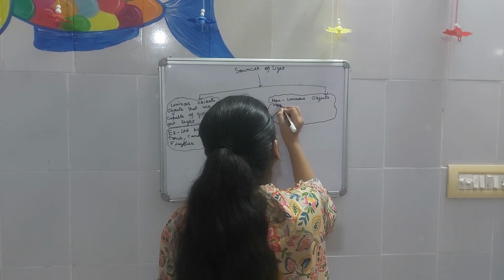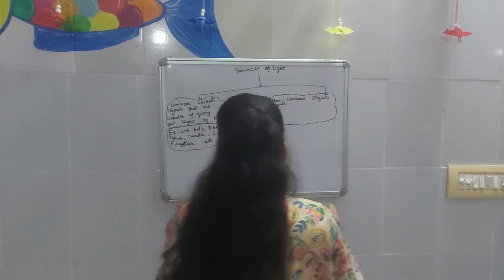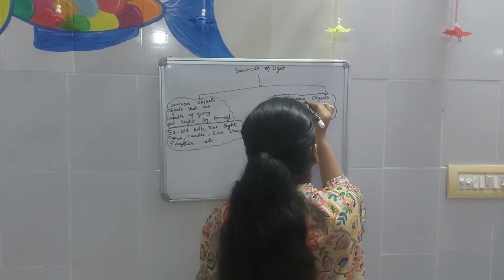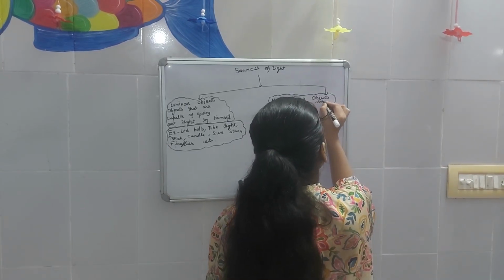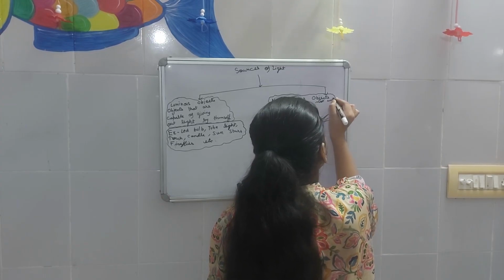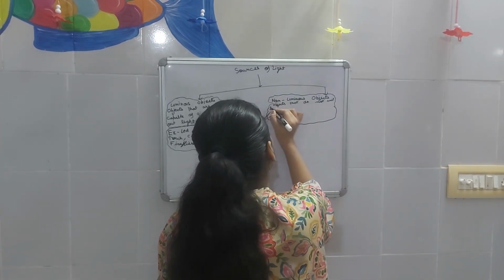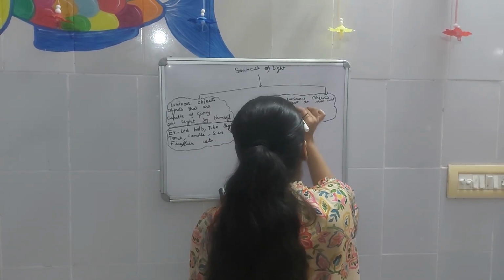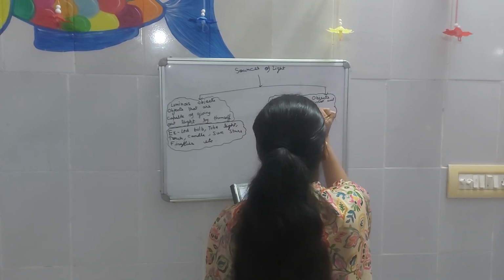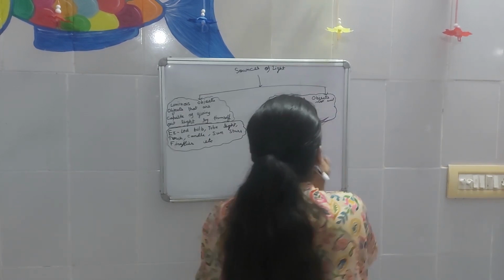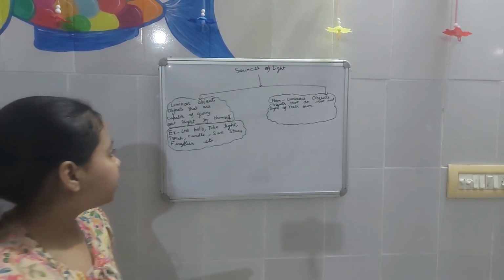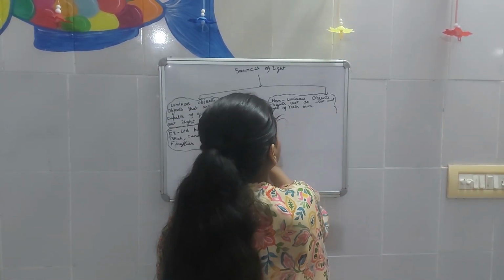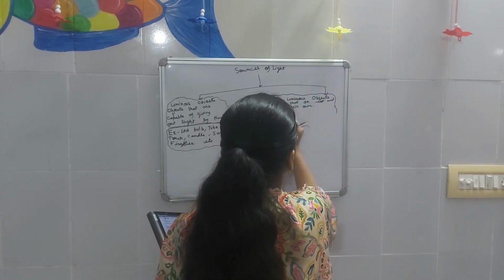Objects that do not emit light of their own are known as non-luminous objects, right? Wait, I think the cloud is very big for them.